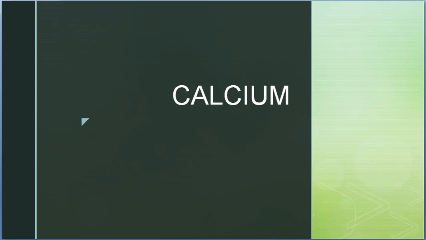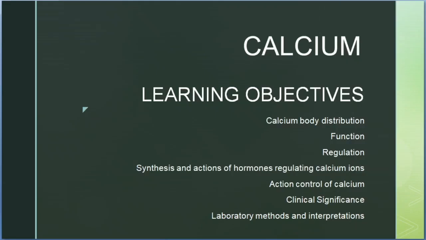This is Dr. Von, and for this week, we will be discussing your calcium ion. For this week's learning objective, we will be able to discuss your calcium body distribution. What is the function of your calcium, and how do we regulate your calcium using those three important hormones?